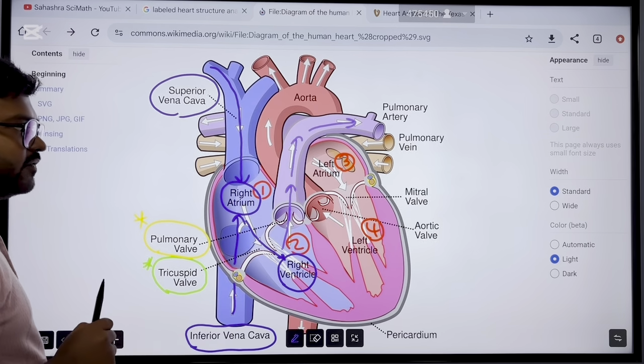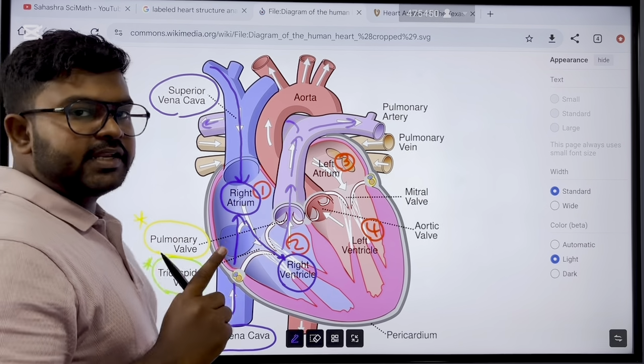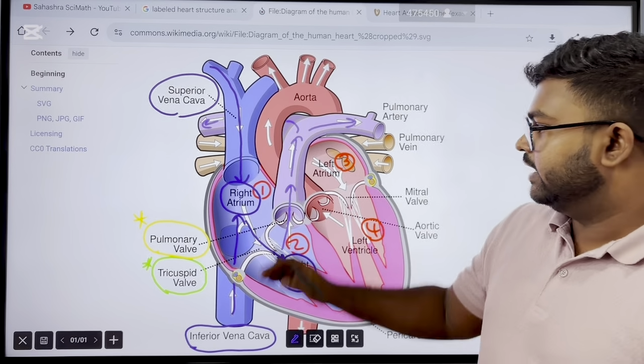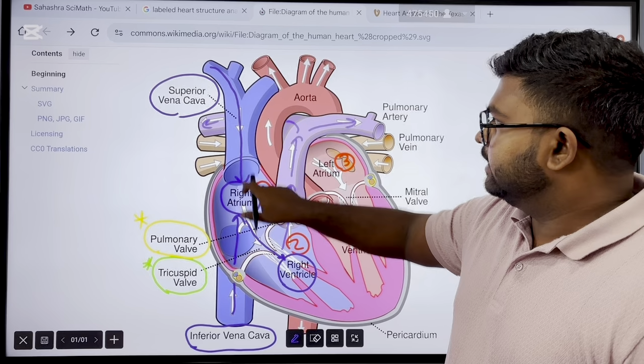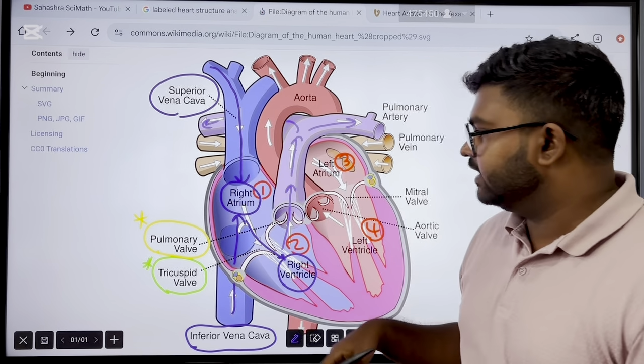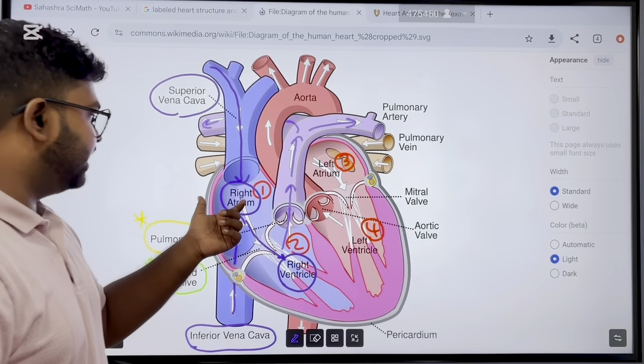In the beginning of this video, I mentioned there is one artery in our body which carries deoxygenated blood. Now you know what it is, right? As I mentioned, this blood is deoxygenated. The superior vena cava, inferior vena cava, all these major veins carry deoxygenated blood into the right atrium.